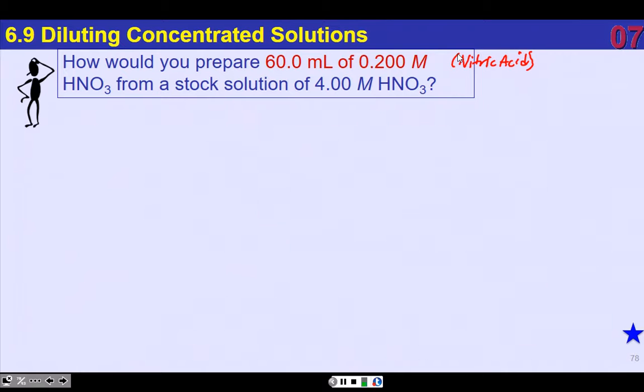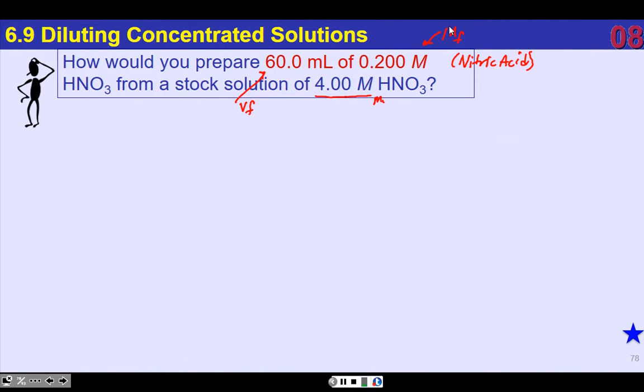We need to label the parts that we have and figure out what's needed. The stock solution is going to be the initial molarity. The final molarity is going to be Mf, this one, the 0.2, and the final volume of that solution will be the 60 milliliters, so Vf.